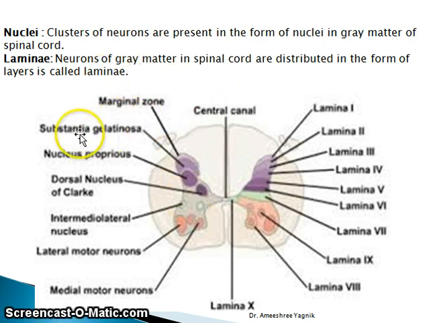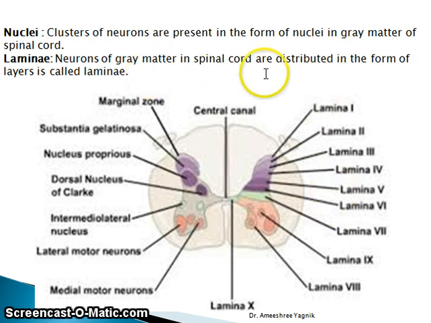This is substantia gelatinosa, nucleus proprius, dorsal nucleus of Clarke, intermediolateral nucleus, lateral motor neuron, medial motor neuron. All these nuclei form the second order neuron for the long tracts, which we are going to study in detail later on. And these are the lamina.